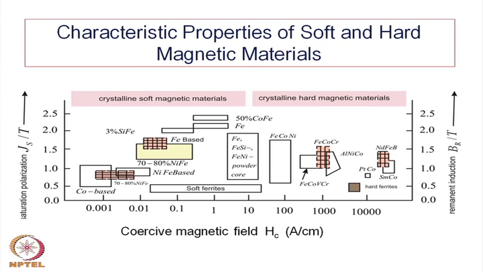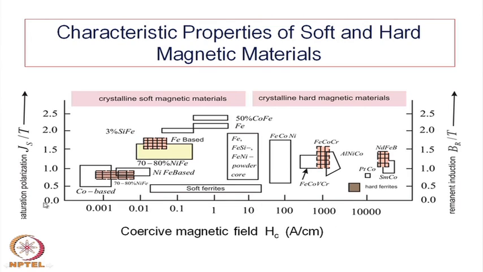So, they are the most important ferromagnetic materials. They have been subdivided into two groups. One can see in the top the crystalline soft magnetic materials, these are all soft magnets on the left, and these are hard magnets, because the coercive field is much larger here.